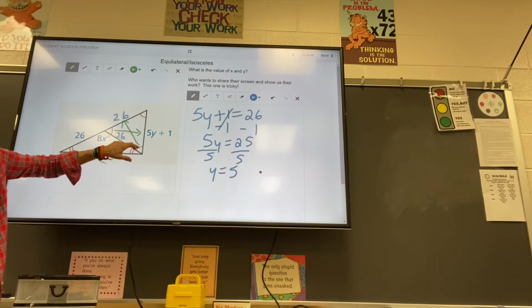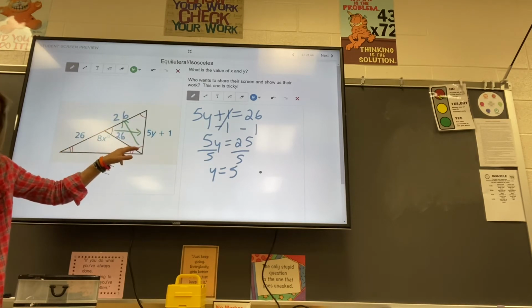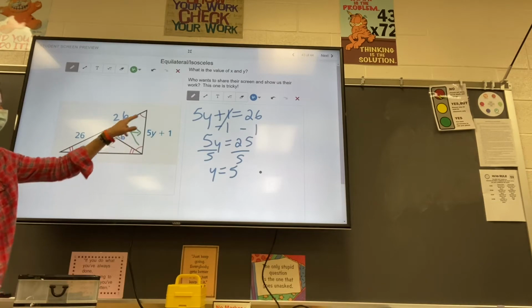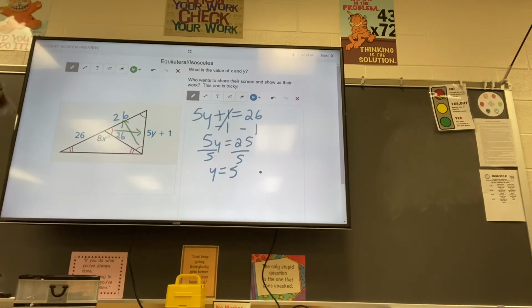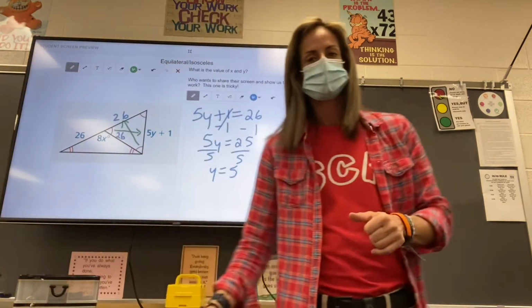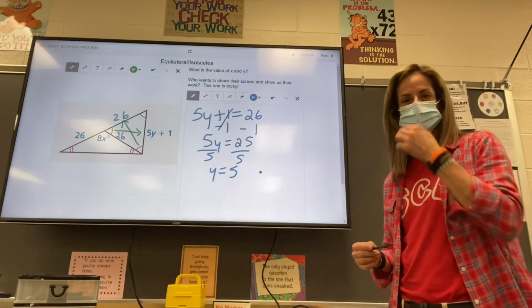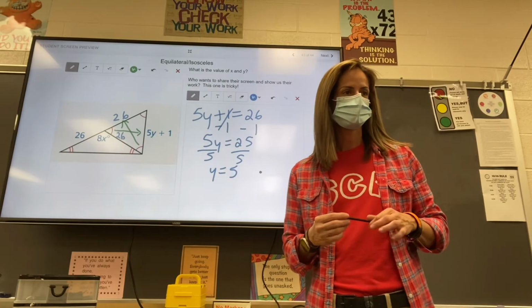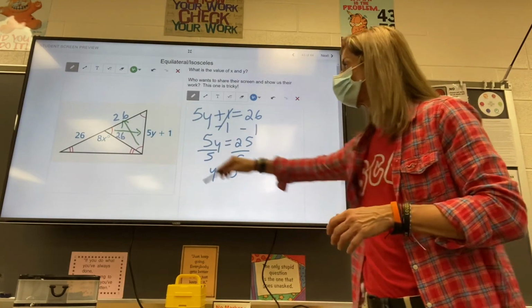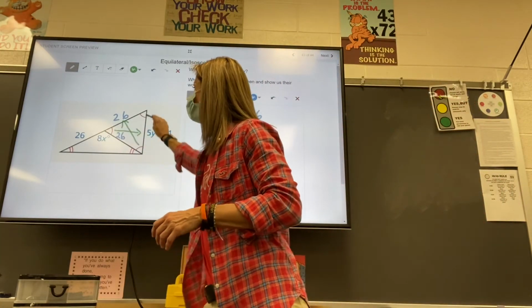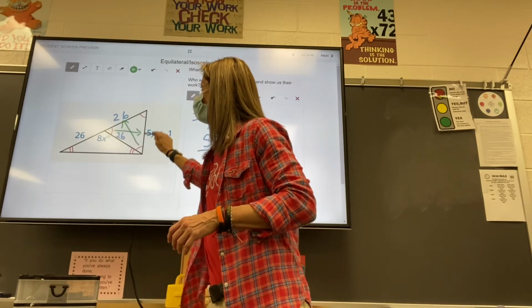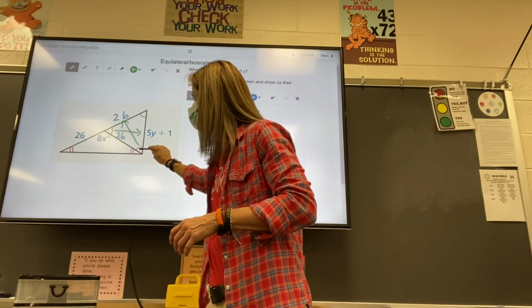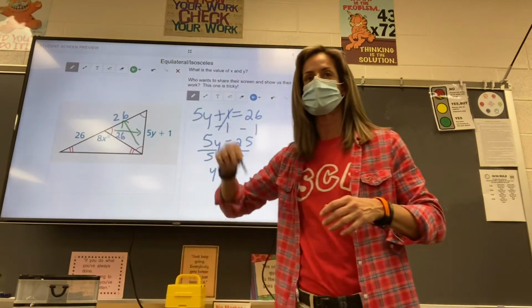If the sum of all the interior angles in any triangle is 180, and all three of these have to be the same, each one should be what? If all three of the angles add up to 180 degrees, and they're all the same, what does each one individually have to be?